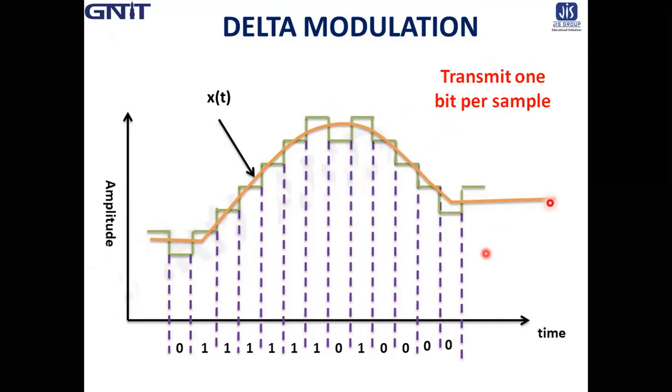What is the principle of delta modulation? How can it transmit only 1 bit per sample? 1 bit means either it is 1 or 0. How can it be predicted? Here the present sample value is compared with the previous sample value, and the result, whether the amplitude is increased or decreased, is transmitted.